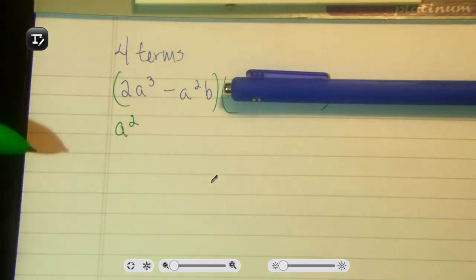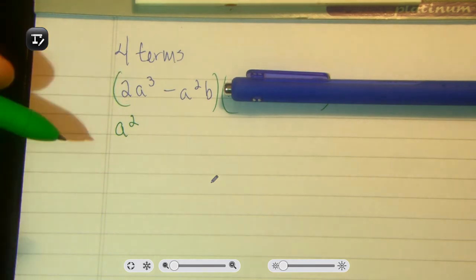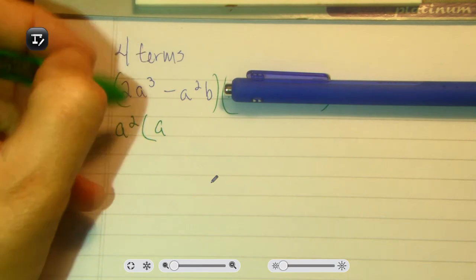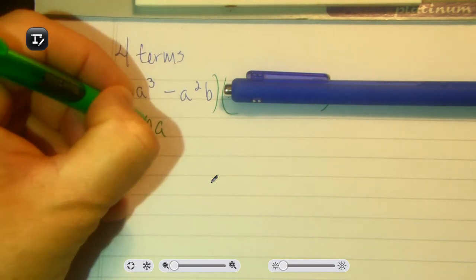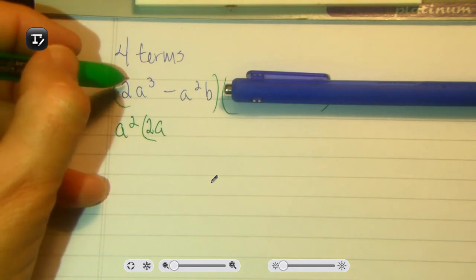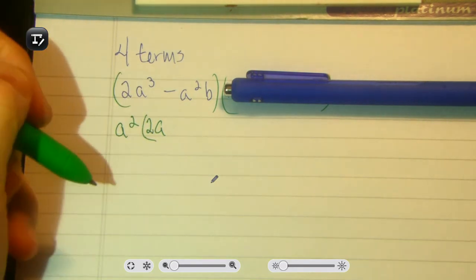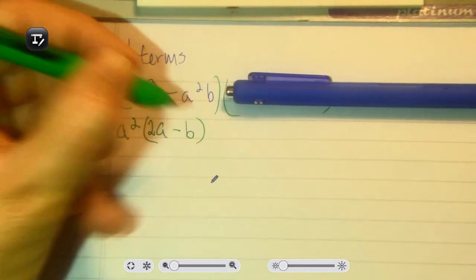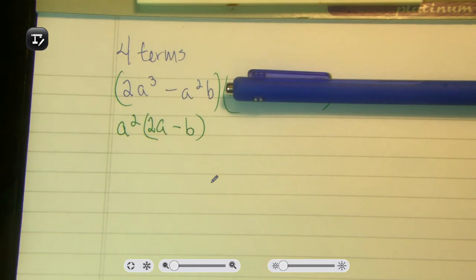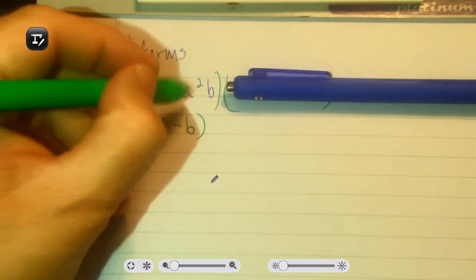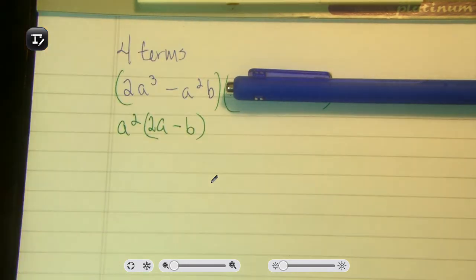But there's no constant I can factor out, so I'll be left with, a times a is a cubed, so 2a, and 2 divided by 1 is just 2, minus b. Because a squared b divided by a squared is just negative b.